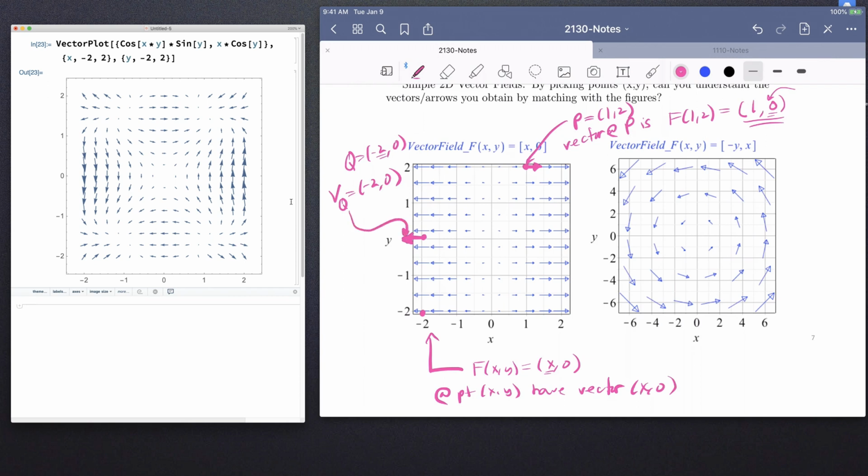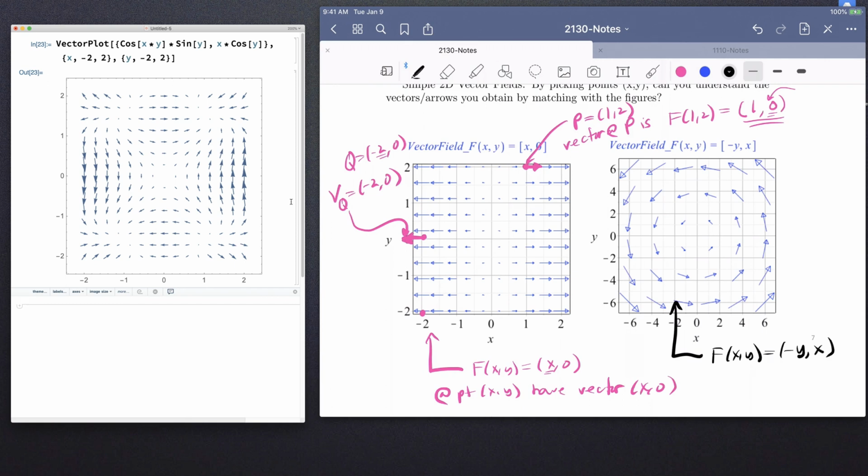So a vector field is just a bunch of vectors at a variety of points. Now you can get some interesting vector fields with some pretty simple looking functions. Here we have the vector field f of x comma y is equal to (-y, x).